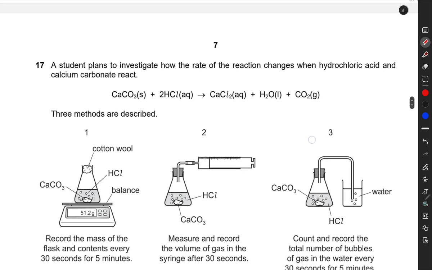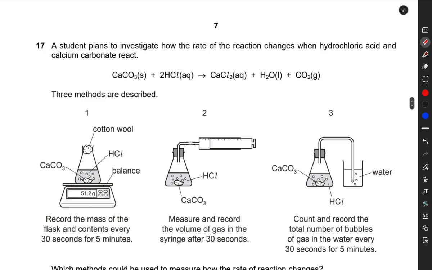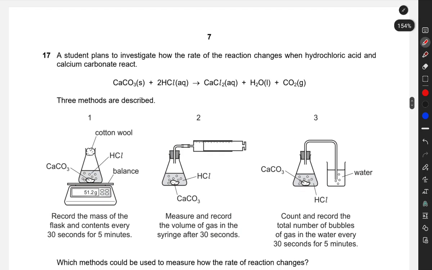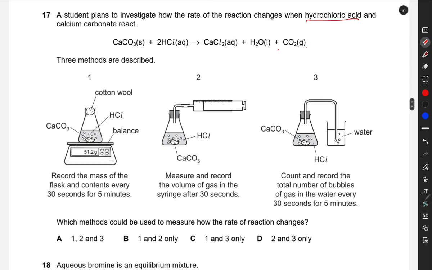Question number 17, a student plans to investigate how the rate of reaction changes when hydrochloric acid and calcium carbonate react. Calcium carbonate reacts with HCl to form calcium chloride, water and carbon dioxide. Three methods are described. Record the mass of the flask and contents every 30 seconds for 5 minutes.